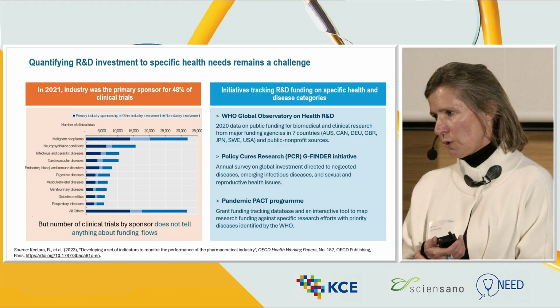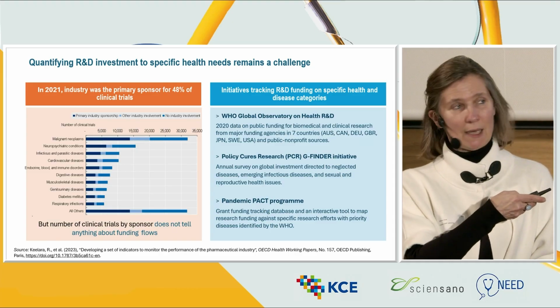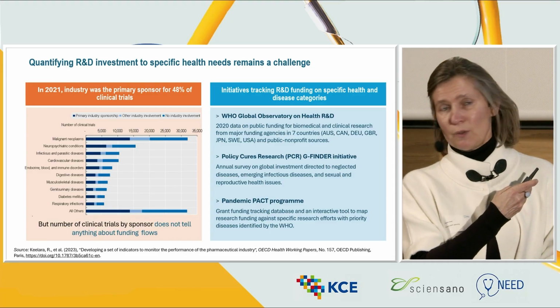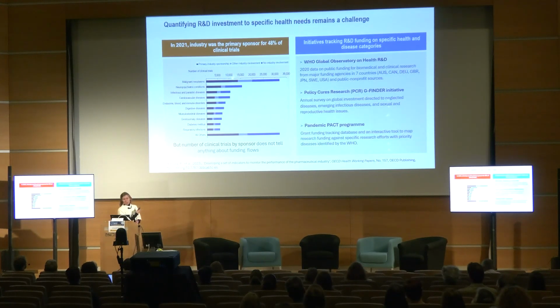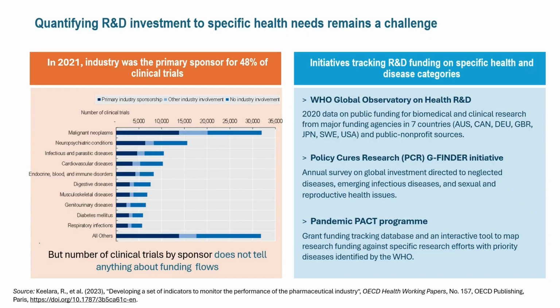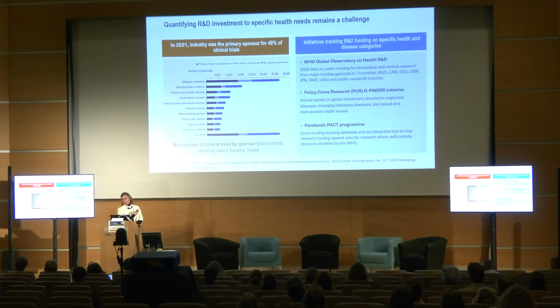We can see the distribution of clinical trials on the left side of this chart, where the dark blue is trials where the primary sponsor is industry, and on the right side, clinical trials without any industry involvement. So it's not insignificant, and it's probably clinical trials for non-drug interventions.